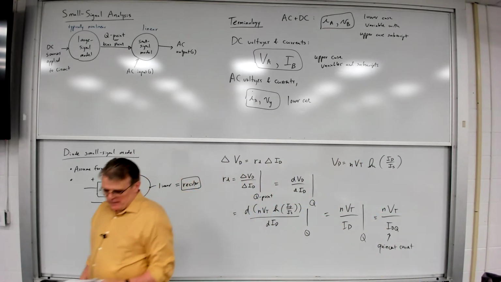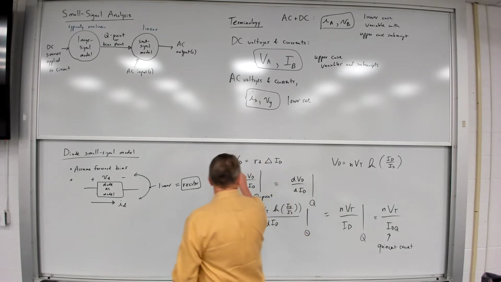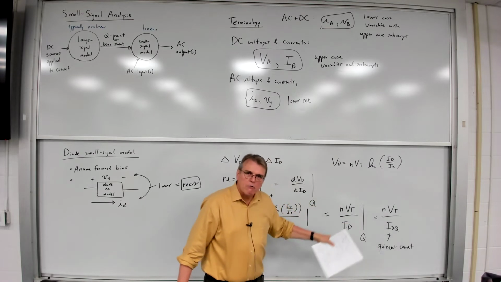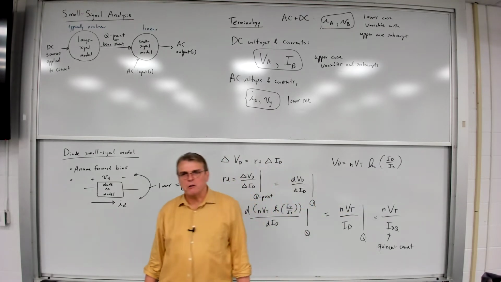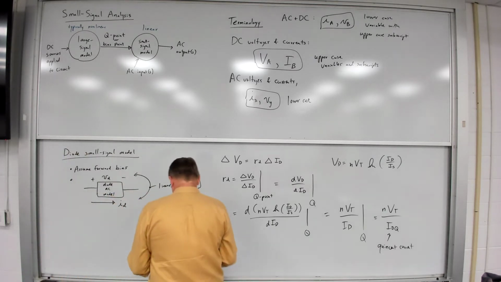So there we have it. In this case, we're going to replace our diode in the AC domain with a resistor with that value, N times VT divided by IDQ.